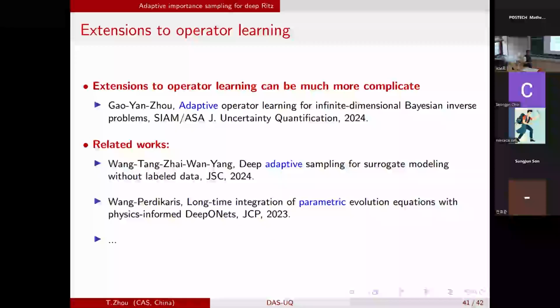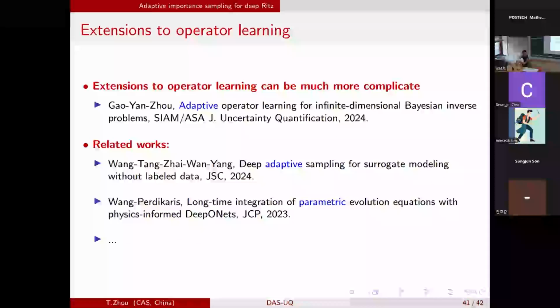But for operator learning, it's much more complicated because you have to do adaptivity in the physical domain and adaptivity for the parametric domain, another very high dimension. It's a functional space adaptivity. It's not like in the physics domain.